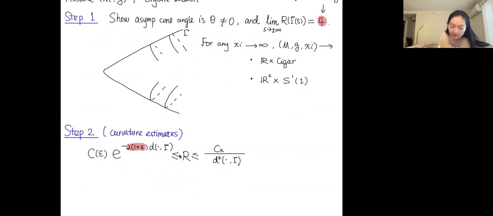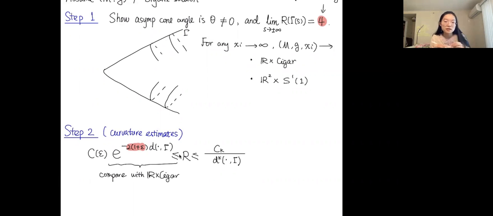And so we can compare this with the cigar soliton, R cross cigar, and we'll be able to see that this lower bound is almost sharp. So we can take this epsilon to be arbitrarily small.